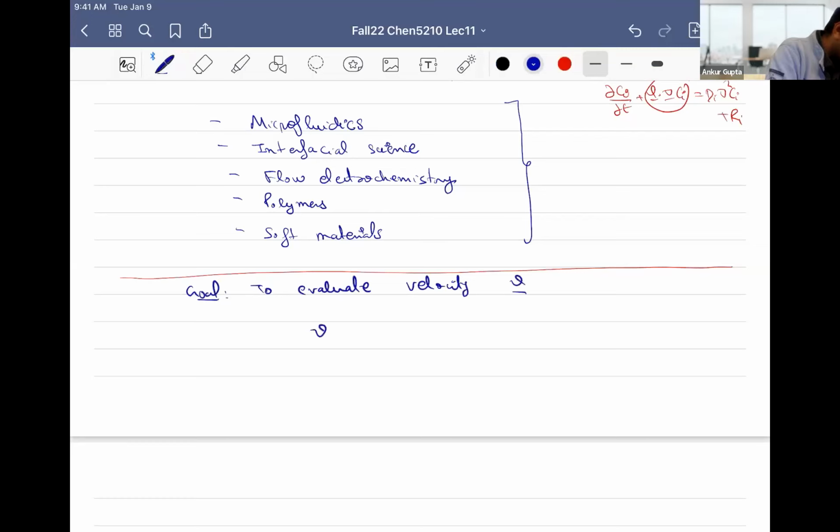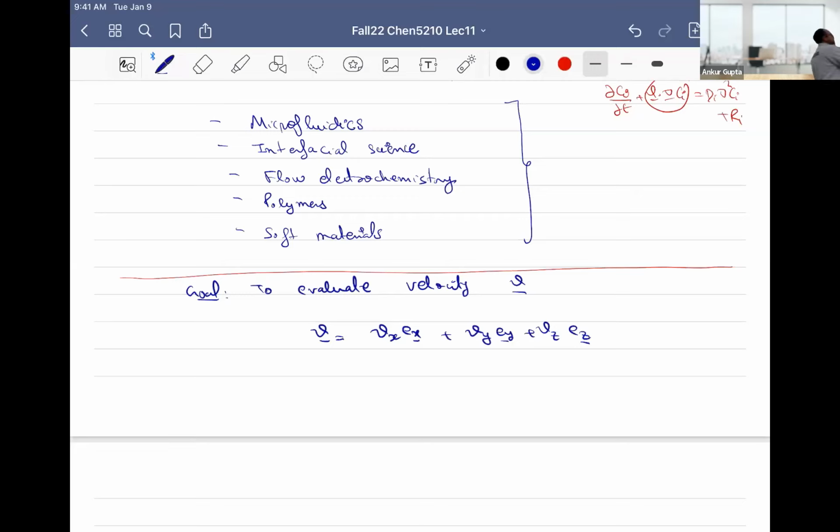Now the thing is, velocity is a vector quantity, and that's why it's different from what we were doing before. Before, we were finding one value, concentration, or maybe multiple species, but the equations were for the concentration of A, B, or C, or temperature.